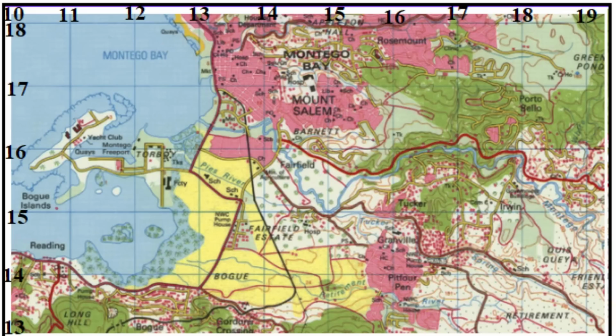All right, so the first question on your exam will be a map work question with you being asked to examine a topographic map. So we are looking at a topographic map. This topographic map is showing the Montego Bay area in St. James, Jamaica.